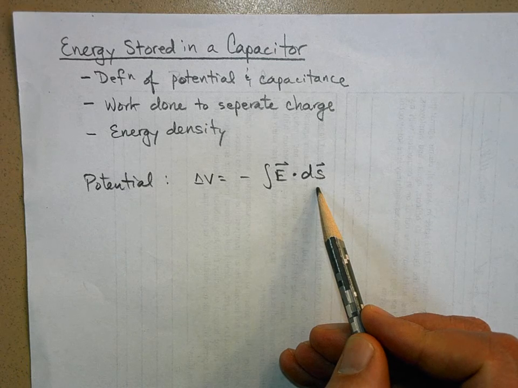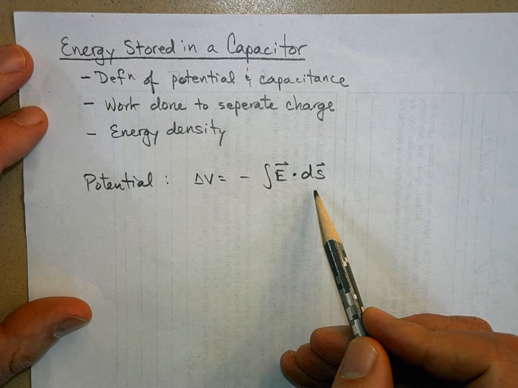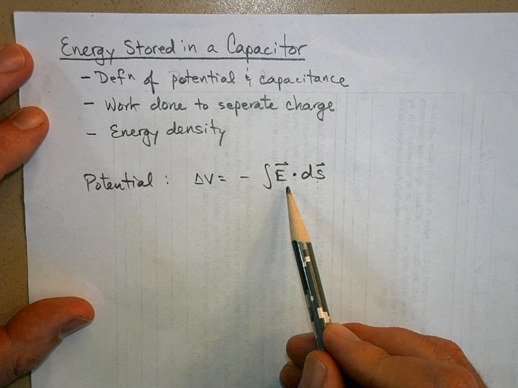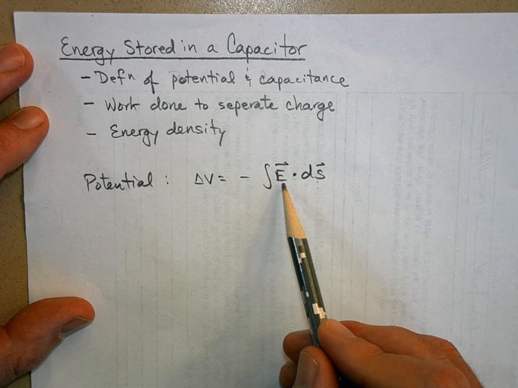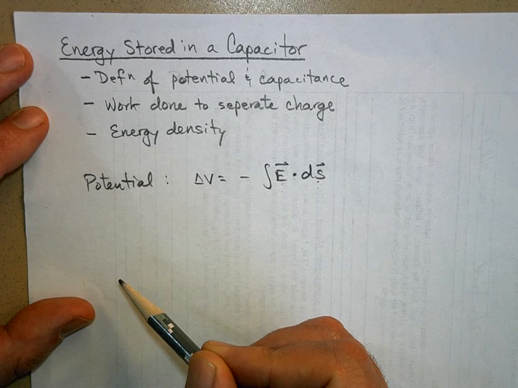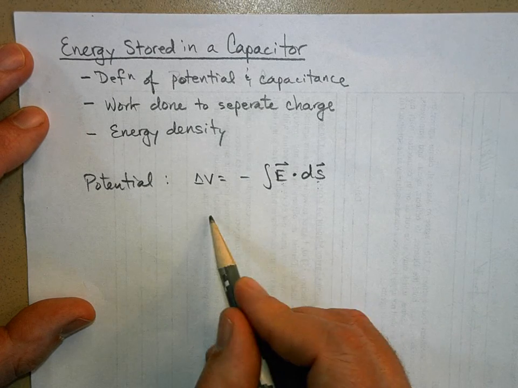We move that charge through space. If we move our positive test charge against the electric field, we're actually gaining electric potential. Here's what I mean.